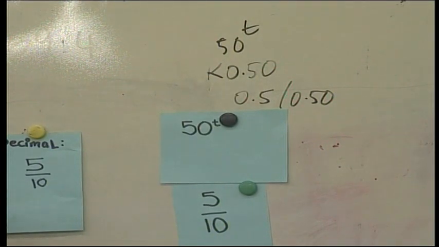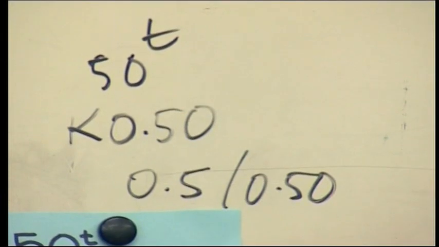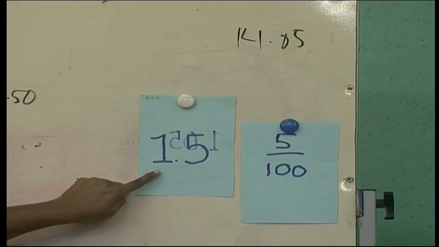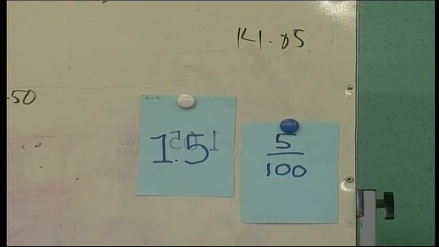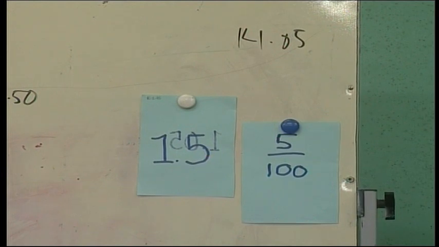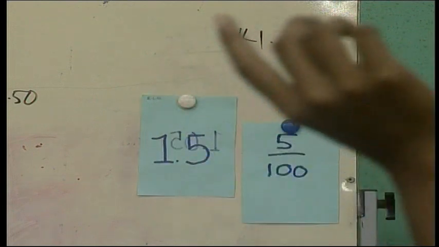Okay, what about this one here, 1 kina 5 toya. Are they correct? 1.5. Yes or no? 1 kina, 5 toya. Okay.